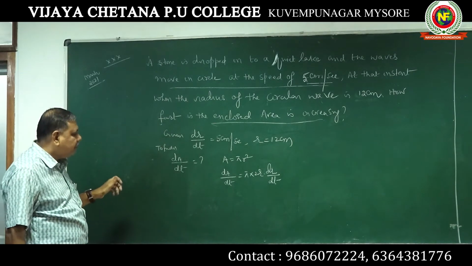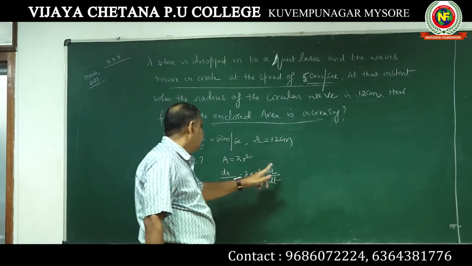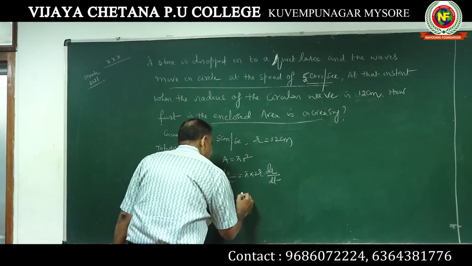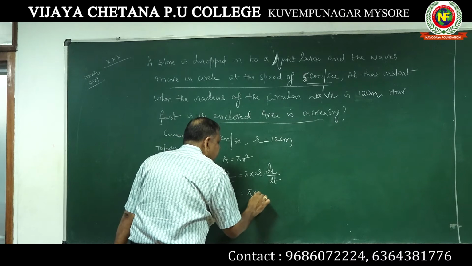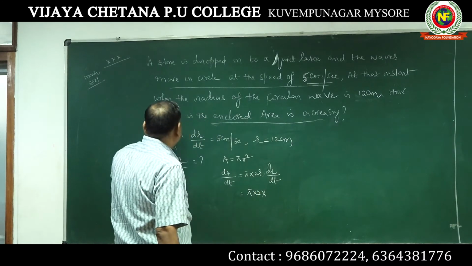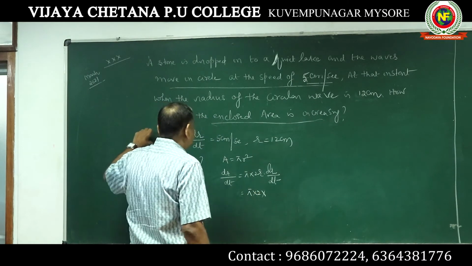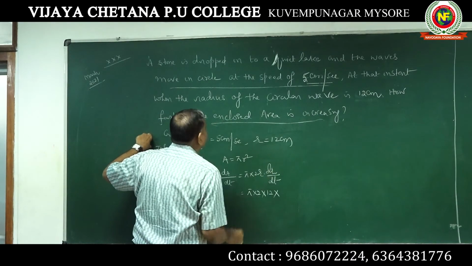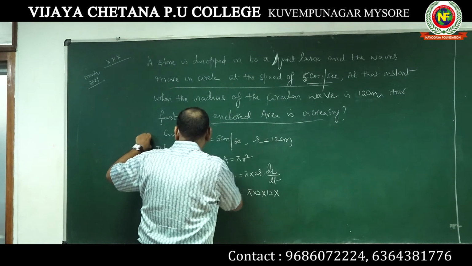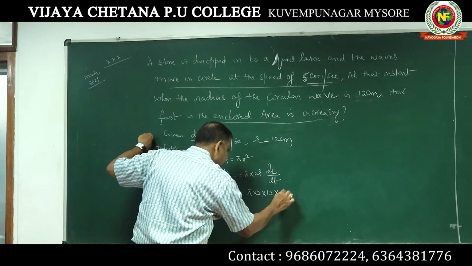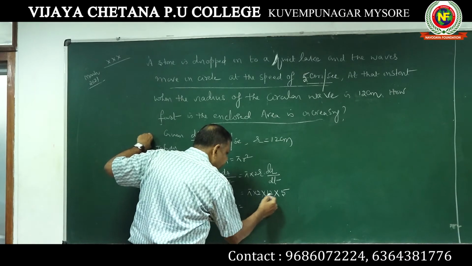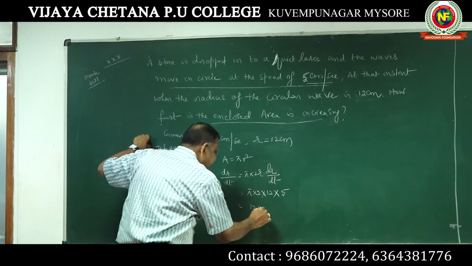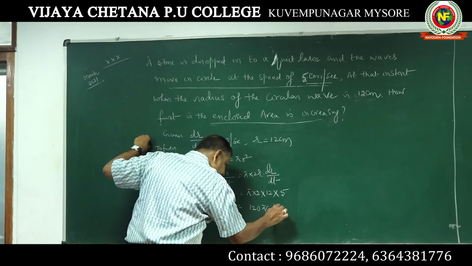So it is pi into 2 into r, where the radius is 12 centimeter, and you know that dr by dt is 5 centimeter per second. So it is actually 24 into 5, 120 pi centimeter square per second.